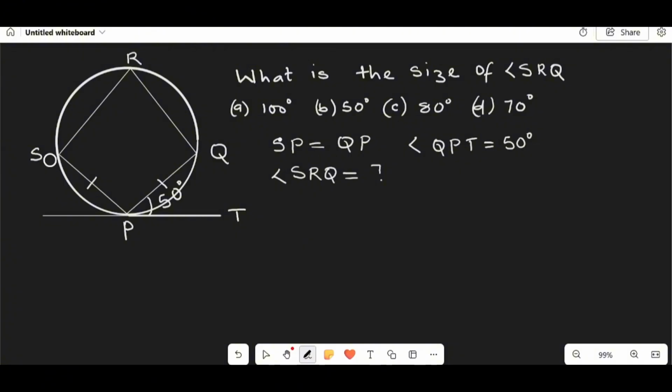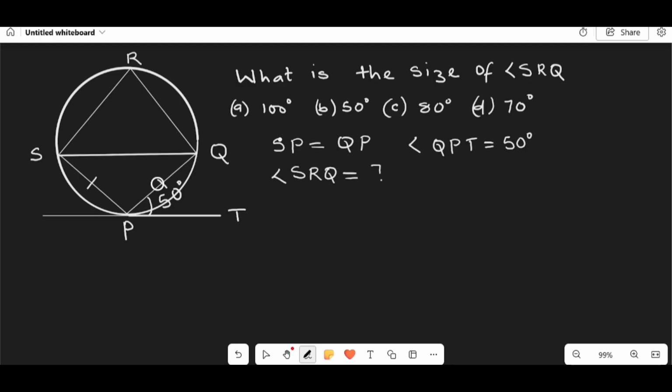Now the first thing we have to do is to carry out a little construction. Let us join S and Q with a straight line. Let us find angle PXQ using the alternate segment theorem.